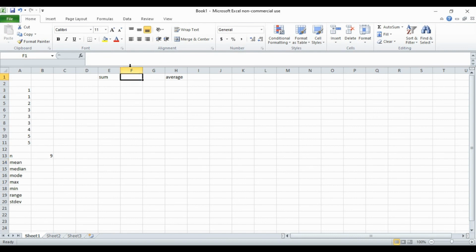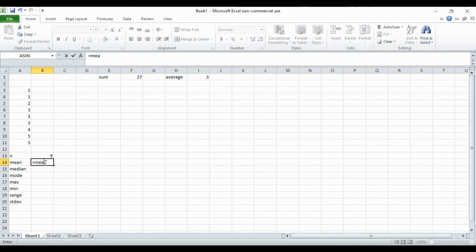That way, I can utilize the sum function, which allows me to input all of these numbers. And then the average is just the sum of the elements divided by the total number of elements, and that gives us our average of 3, which is what we got.